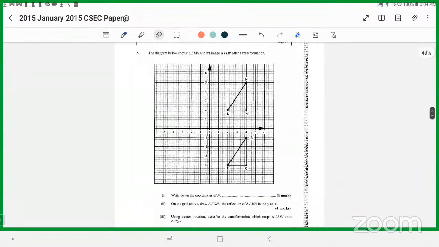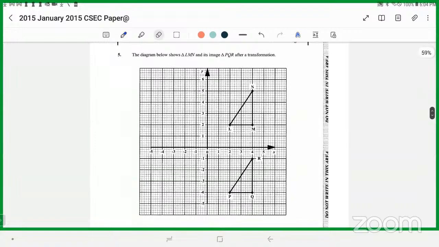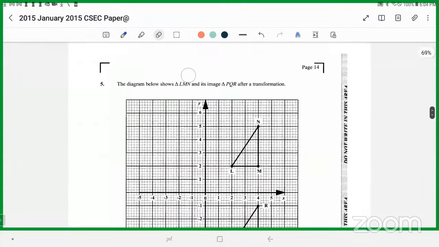All right, this question now is transformation, as I see it. The diagram below shows triangle LMN and the image PQR. So let's match up the letters first, since I'm not using the prime and so on. L is going to P, M is going to Q, N is going to R, because you have to use the same order of the letters.